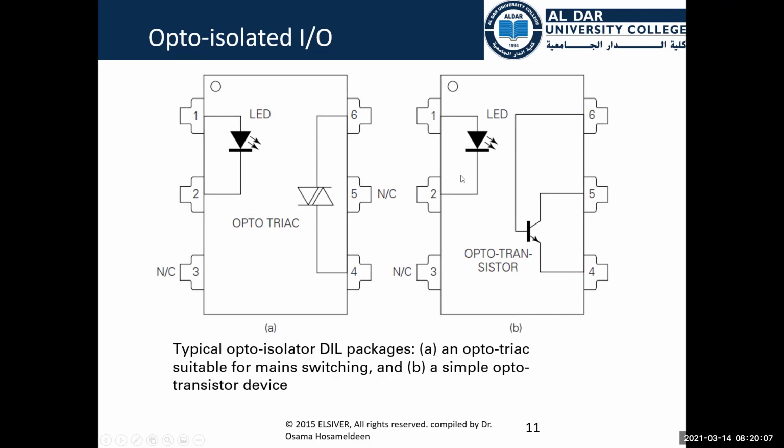The opto transistor, I think you have seen this kind of circuit before. It's simple. We have a light here, and the light is directed to a phototransistor. When there is light here, this logic becomes one. When there is no light, this logic becomes zero.